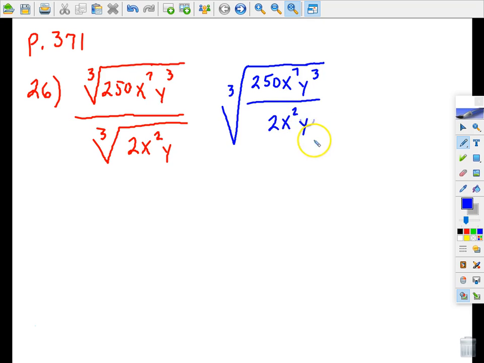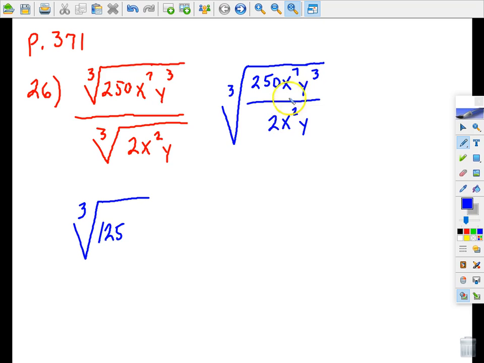And the reason why I'm doing that is because I want to emphasize something that will make simplifying this a lot easier. Notice that this fraction can be reduced or simplified because 250 divided by 2 is 125.